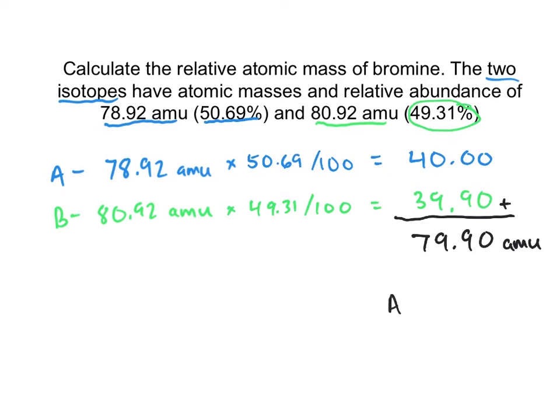This is the average atomic mass for bromine. If you followed along with me, you calculated the average atomic mass for bromine. You simply take the mass times the percent, divided by 100, for each isotope. This only had 2 isotopes, so that's not that bad.